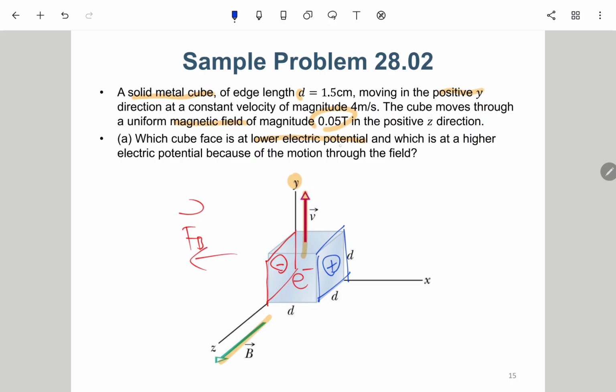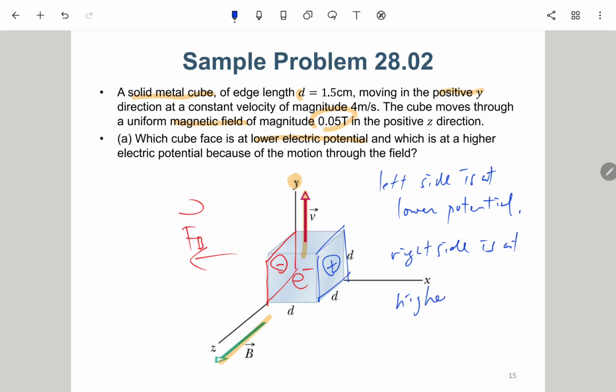Which means the left side is at lower potential, and the right side is at higher potential.